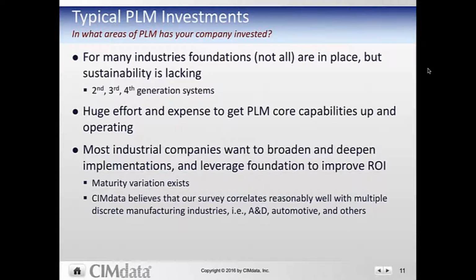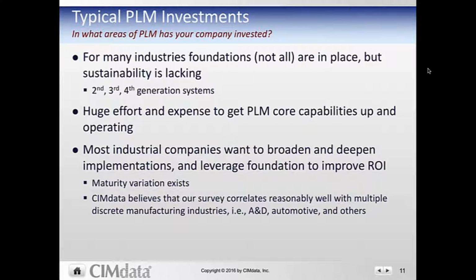Some are actually on their second and third generation systems, but generally they're fairly narrow in scope. There's quite a bit of effort and expense that has been spent within industrial companies on core capabilities, but not a lot outside the core capabilities of data management within engineering.